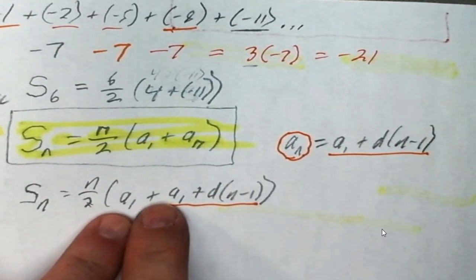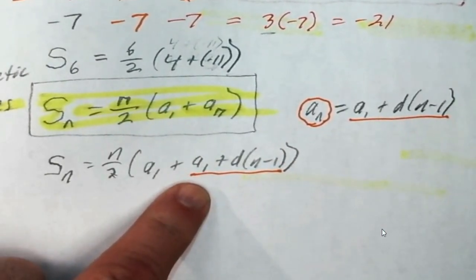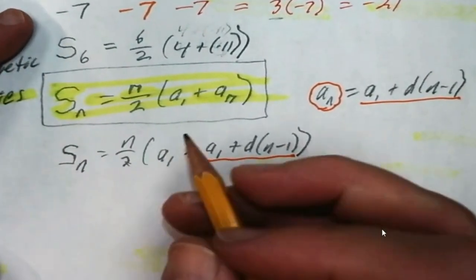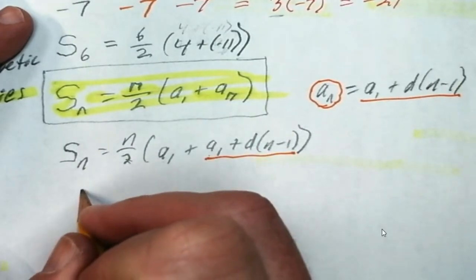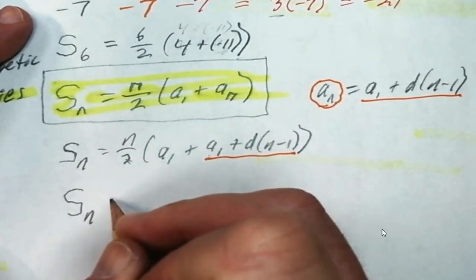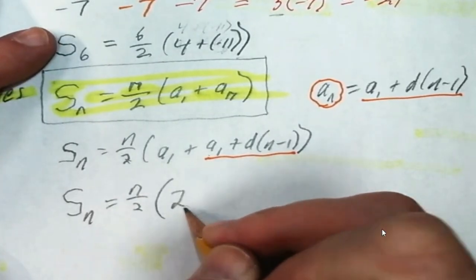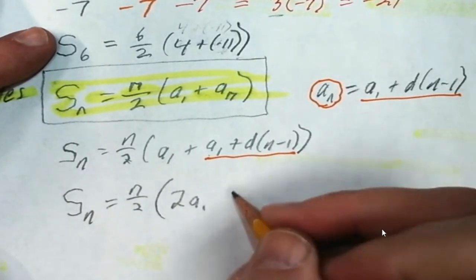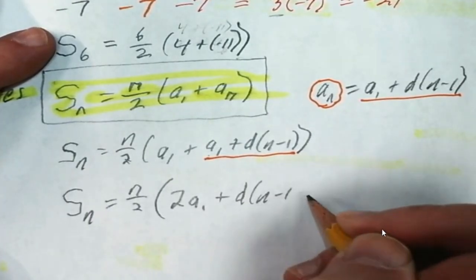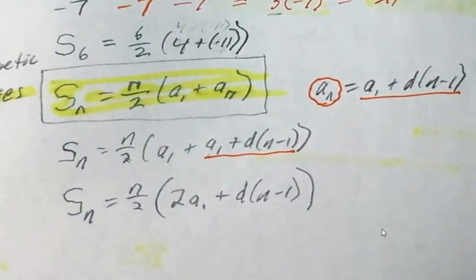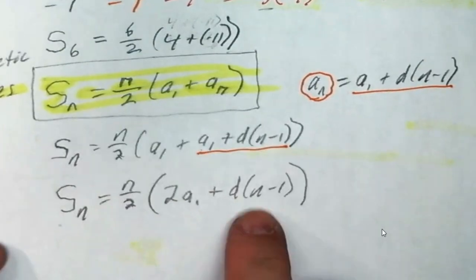So a1 plus this instead of that. So now we need to simplify this. What can we simplify? We have a1 plus a1. It could be n divided by 2 times a1 plus d times n minus 1.